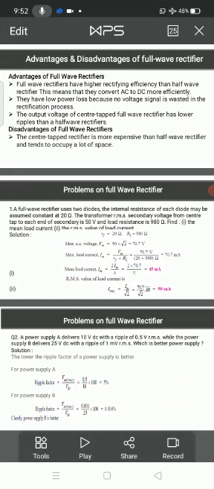Next, the disadvantages of full wave rectifiers. Here one disadvantage is that the center tap rectifier is more expensive than a half wave rectifier and tends to occupy a lot of space. Why is it more expensive?